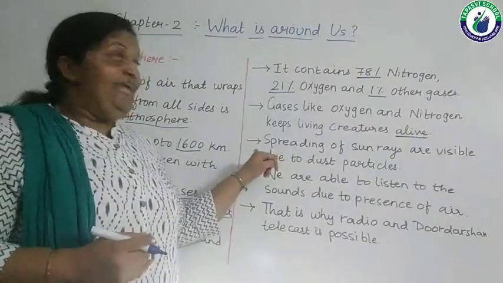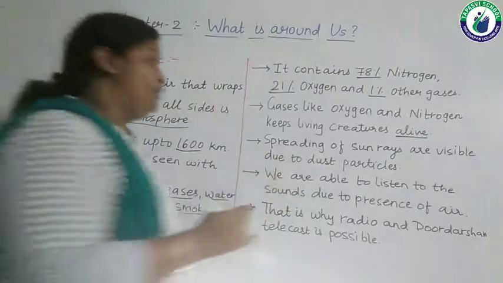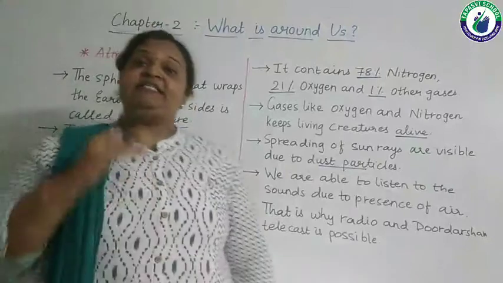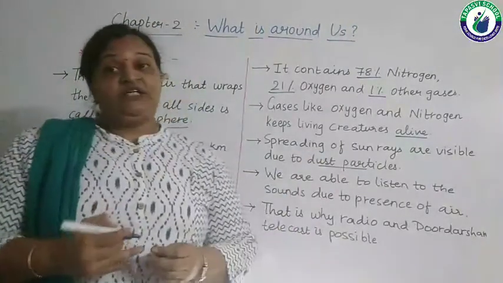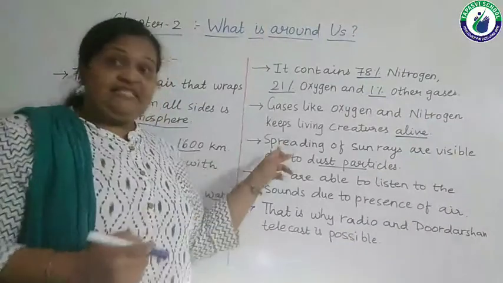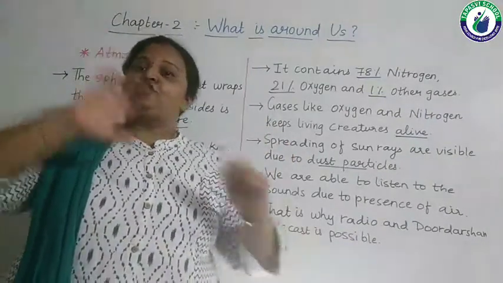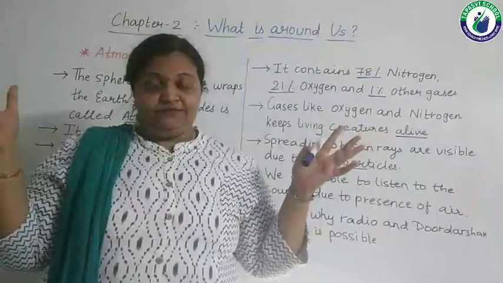Even the spreading of sun rays is visible due to dust particles. Dust particles help the spreading of sun rays to the earth. For this reason, whenever the sun rises, it does not turn suddenly very bright.